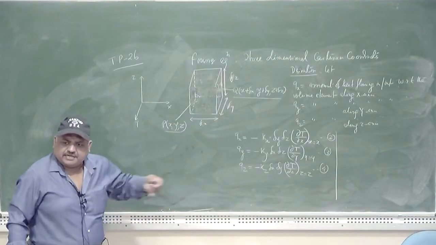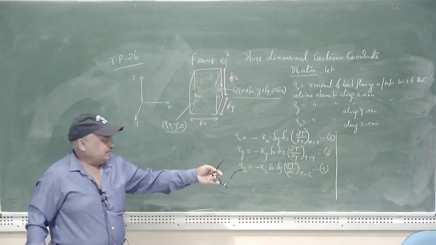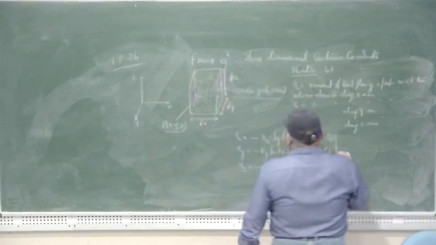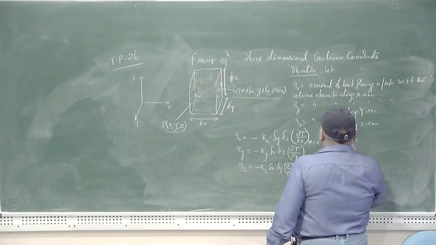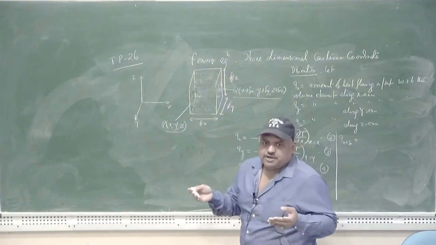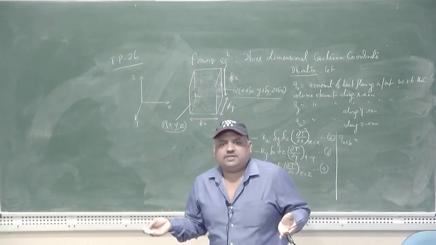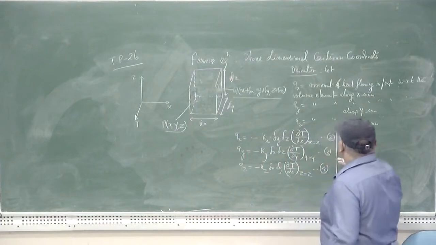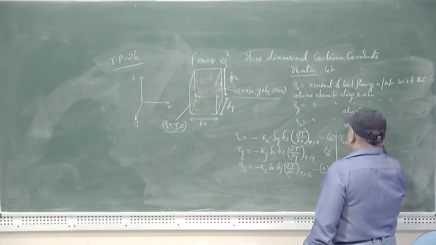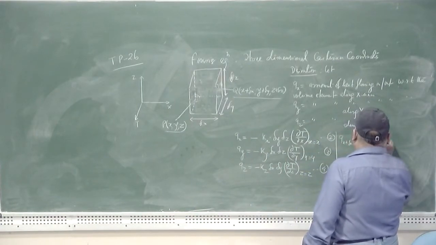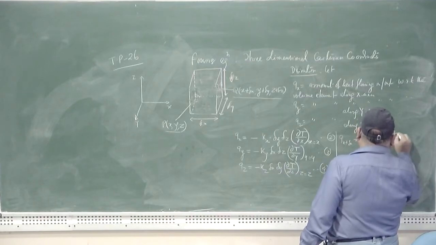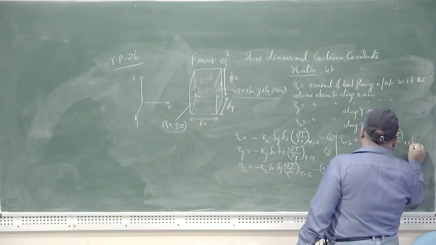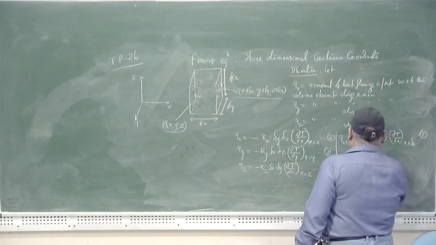This is for the heat energy flowing in. Similarly, we can write Qx plus delta x, that is the amount of heat energy flowing out of this volume element along the x-axis, equal to minus Kx delta y delta z delta T by delta x at x equal to x plus delta x. Let it be equation number 5.